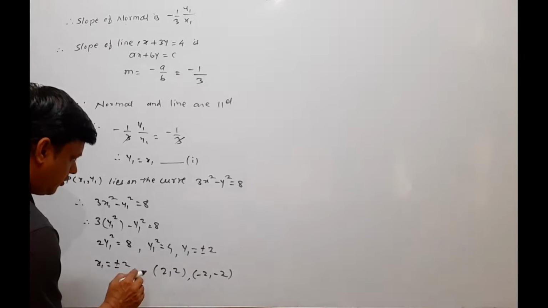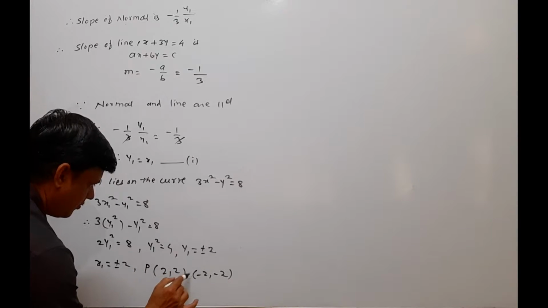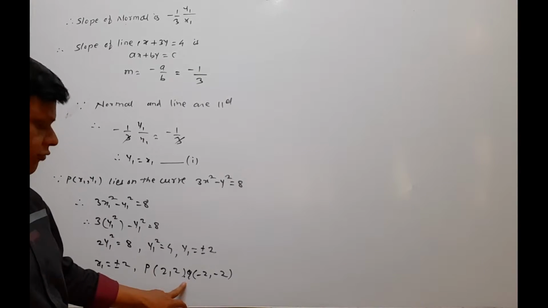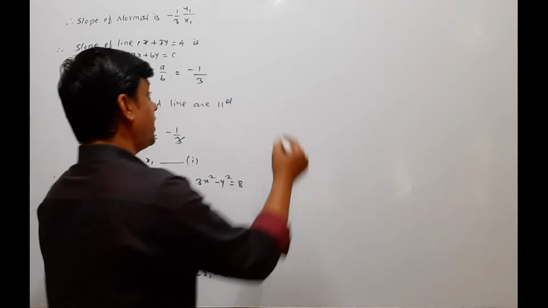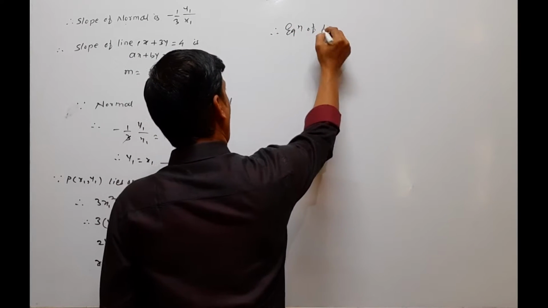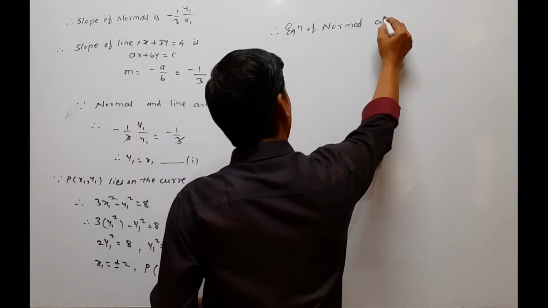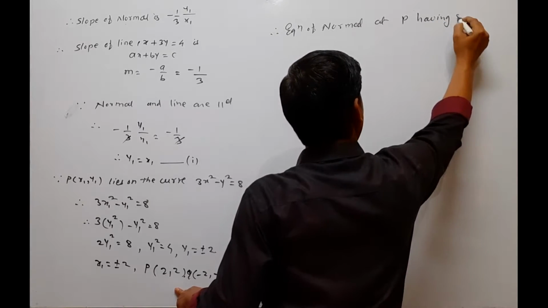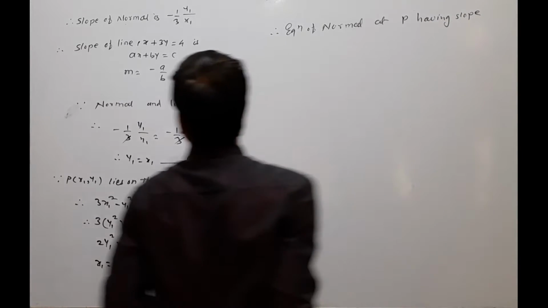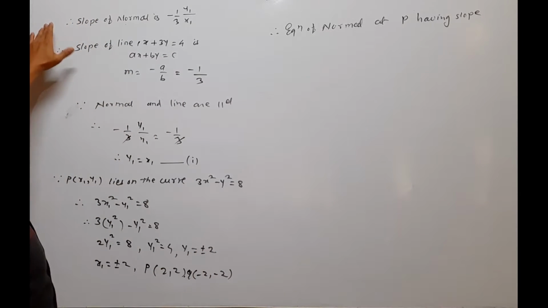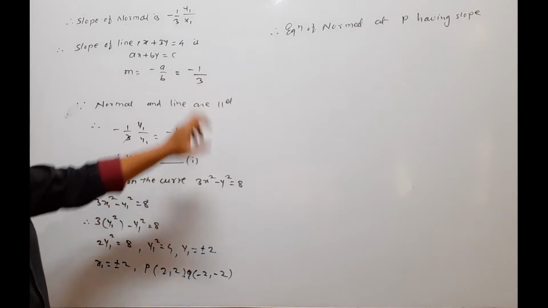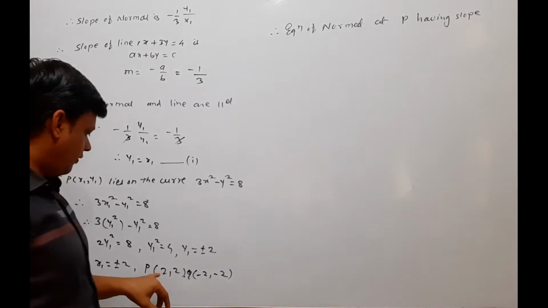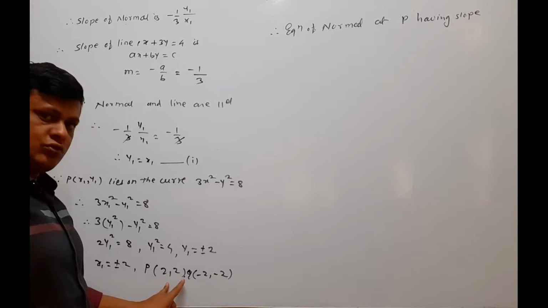So this point you can also represent as P and this point as Q. So we find equation of normal at point P, then we find equation of normal at Q. So right here, therefore, equation of normal at P having slope, now here slope of normal is minus 1 by 3. So here we write slope as minus 1 by 3 and coordinates of point P are 2, 2. So x1 equals to 2, y1 equals to 2.